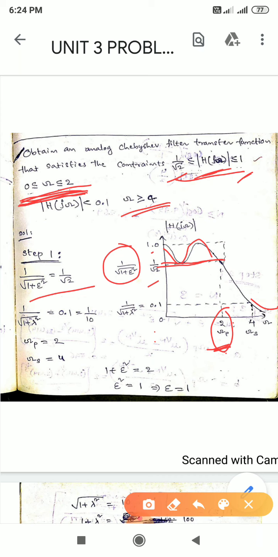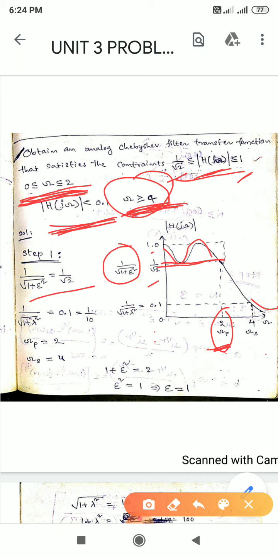Magnitude of H of j omega is less than 0.1 for omega greater than or equal to 4. This indicates the stop band frequency. Omega s is 4.